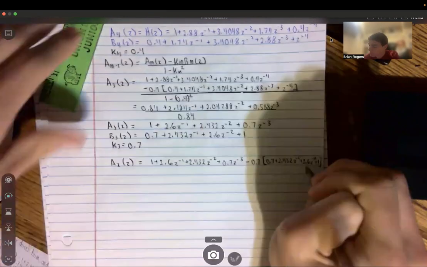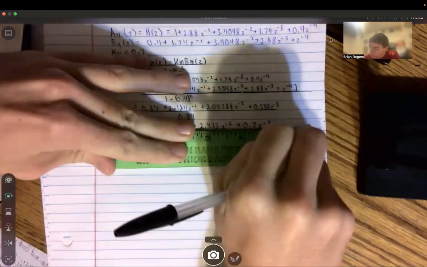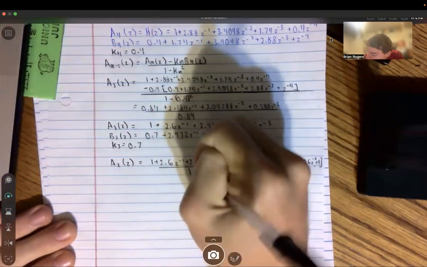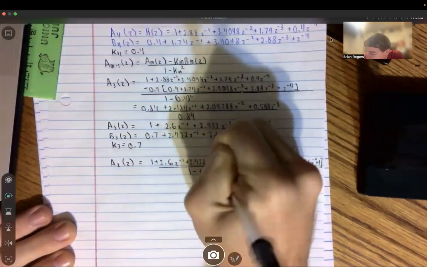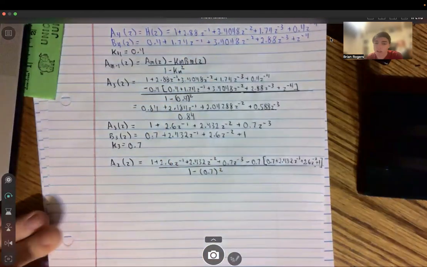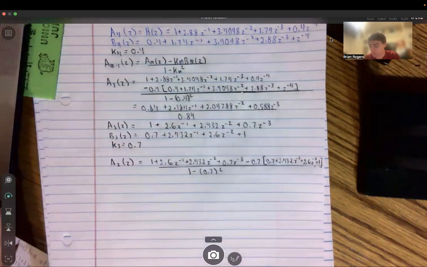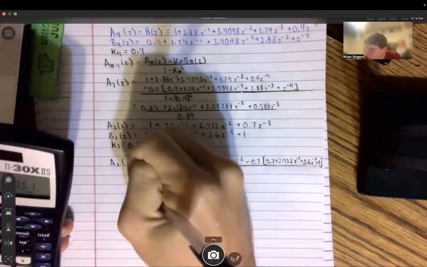And now that's all divided by 1 minus 0.7 squared. When I do that calculation, I get 1 minus 0.7 times 0.7, which is 0.51.